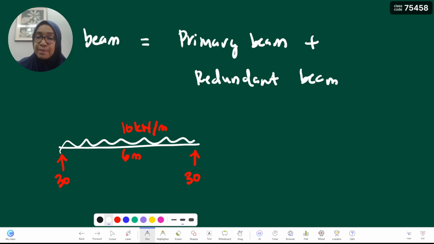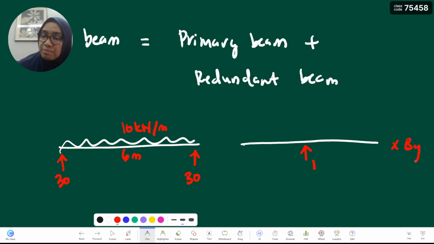For the redundant beam, it is the same type of beam subjected to a unit value of the redundant, a unit value of By. So from that we determine 0.5, 0.5. Okay, so from the principle of superposition, we actually add these two.